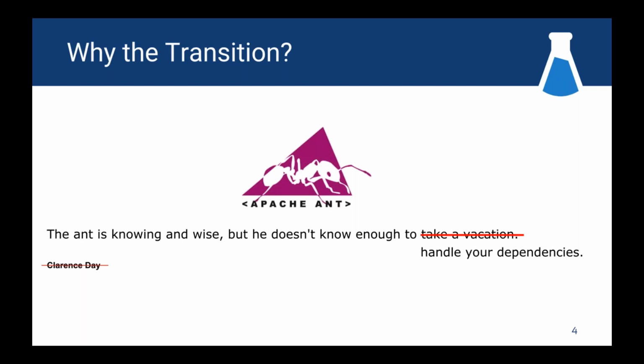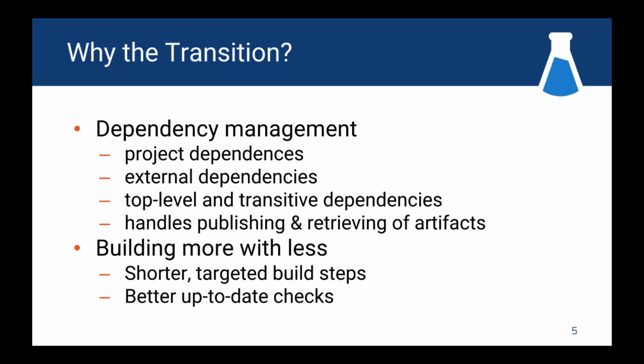We have more dependencies and more ways to build. The mechanism that we've been using to handle dependencies, which is doing it all by ourselves, has become more and more cumbersome. So the main reason for transitioning was to get better dependency management, and using a modern tool for that is a real boost for us.